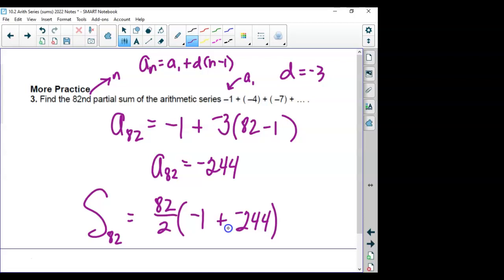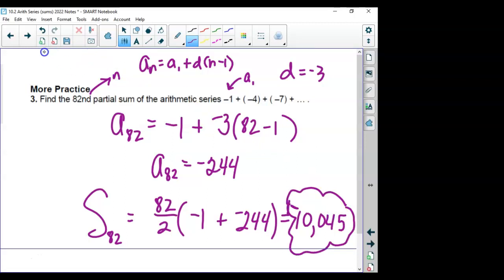Oh, can't type. I got negative 10,045. Anybody else get that? No? Oh. Anybody not getting that?